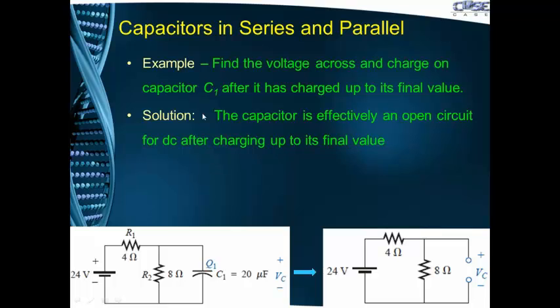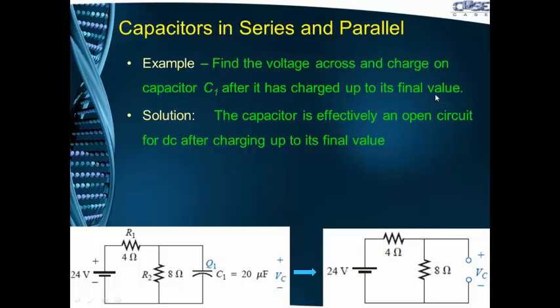So for the solution, the capacitor is effectively an open circuit for DC after charging up to its final value. We have to find the voltage across and charge on capacitor C1 after it has charged up to its final value.